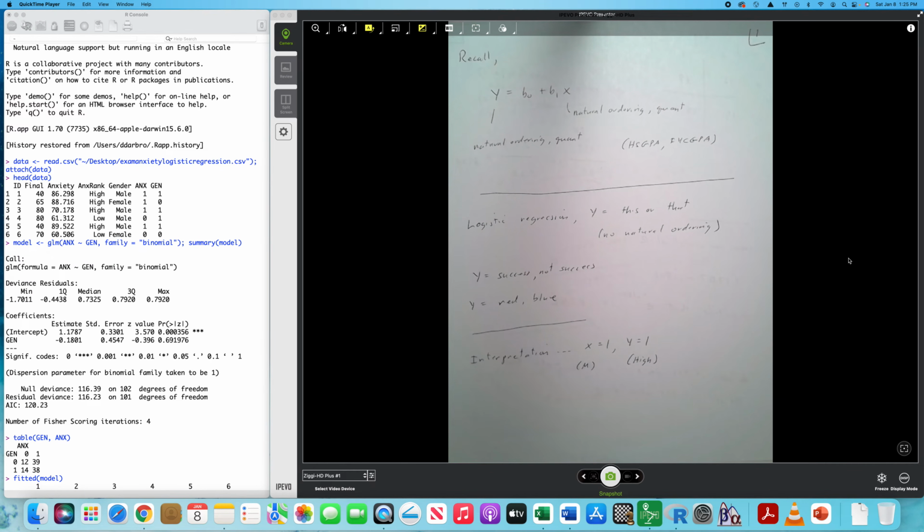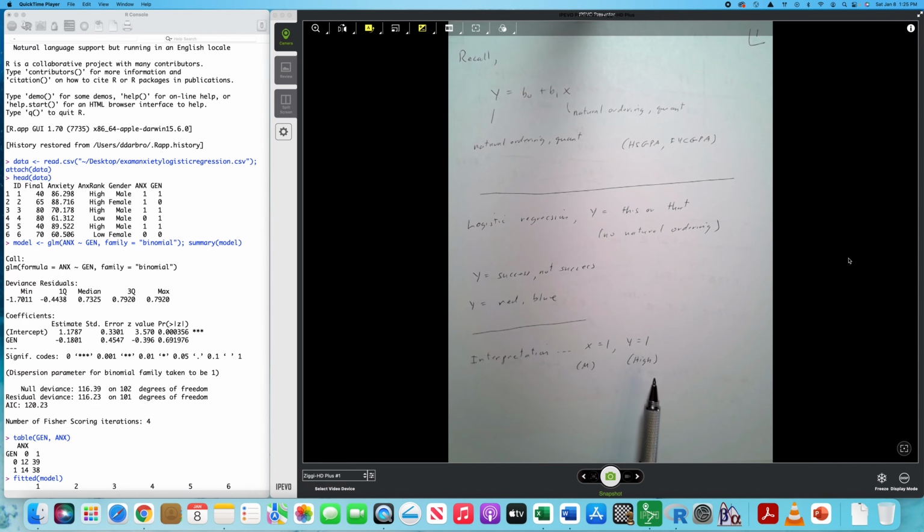And there's not a natural ordering. In the previous video, I said when we interpret the coefficients, we do so with respect to a set level of the predictor and a set level of the response variable, our dependent variable.